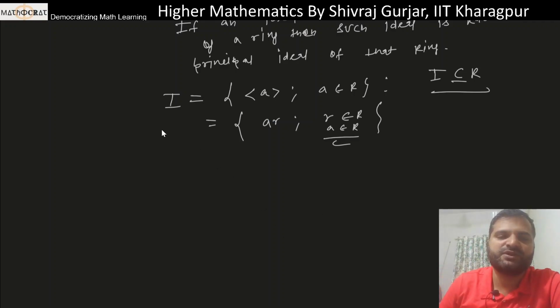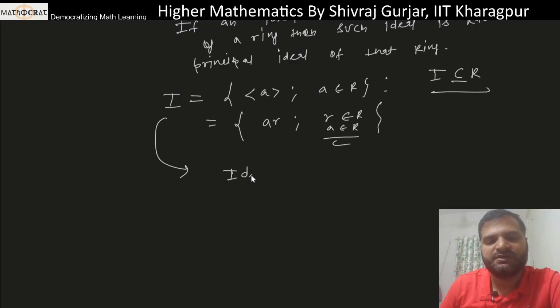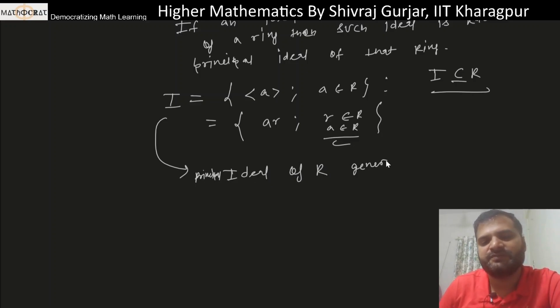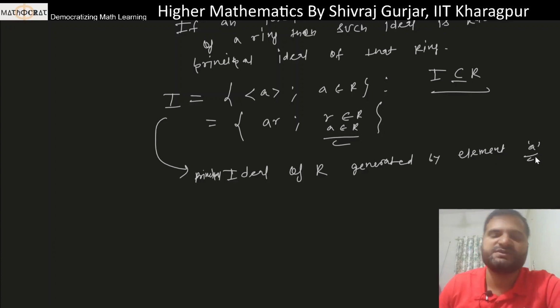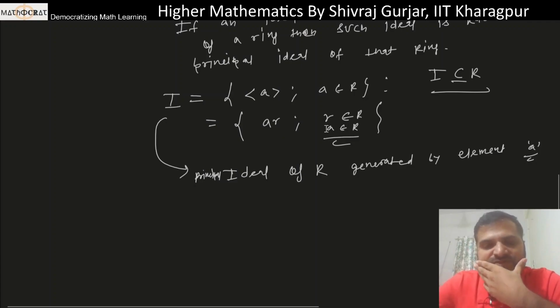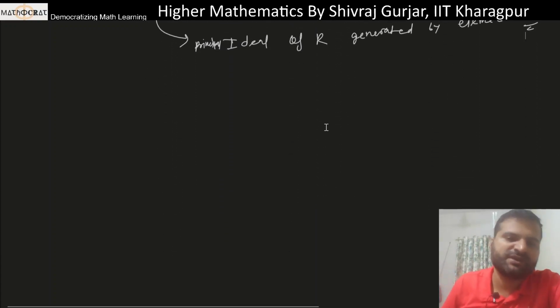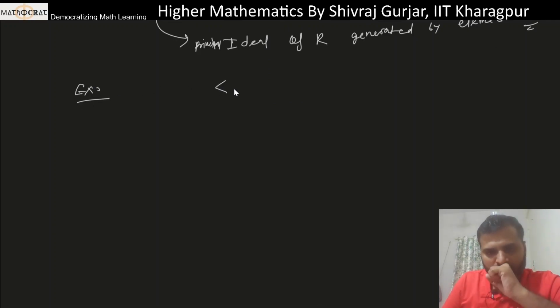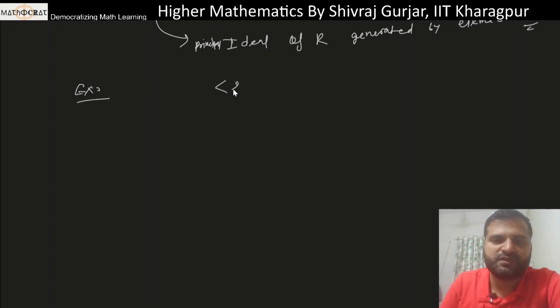As in this case, we will say this is an ideal of R, the principal ideal of R generated by element a. This is how we define a principal ideal. Now if we take an example, suppose we take this ideal.